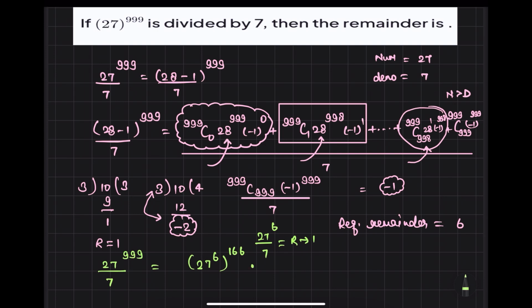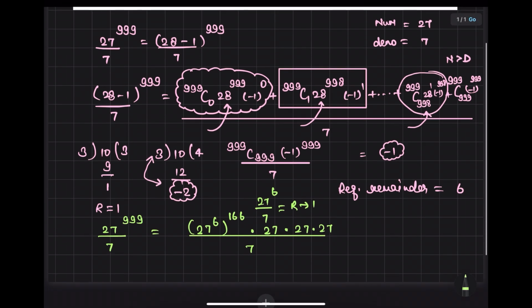So can I write 27 power 3, or this as 27 into 27 into 27? Correct? So we have to divide this by 7 and get the remainder. Now look at this. Can I interchange these two things? This means 27 power 166 power 6, and then divided by 7.